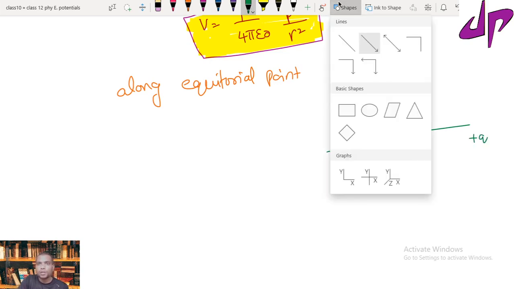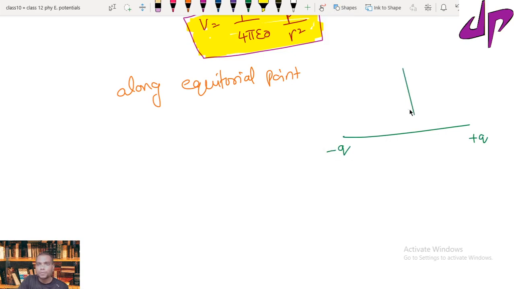The equatorial point should be perpendicular to the dipole axis, exactly 90 degrees. So it is the point P at distance r. If you take the position vector and the dipole moment vector, they make an angle of 90 degrees.